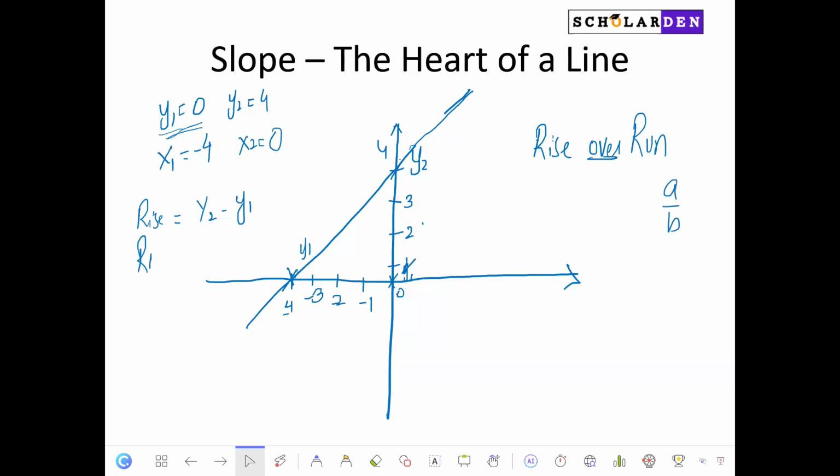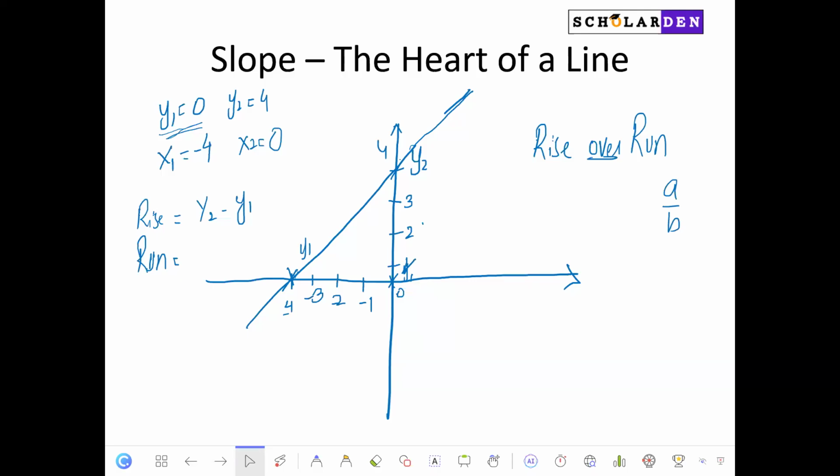What is the run? Same principle. We start at this point, which is x1, which comes earlier. Our line ran along the x-axis, and the important thing is we cannot take the run arbitrarily. It has to correspond to the rise. So we're going to take the run for the same values for which we have taken the rise.